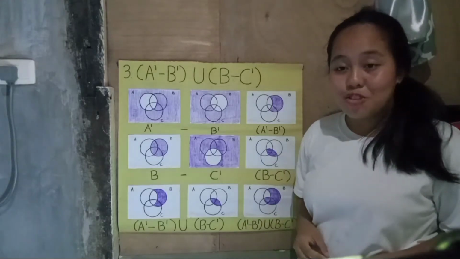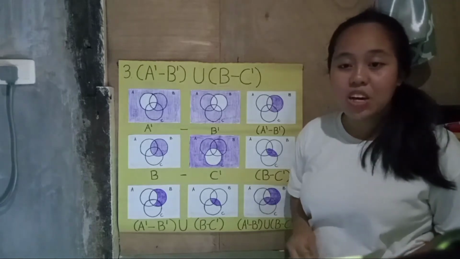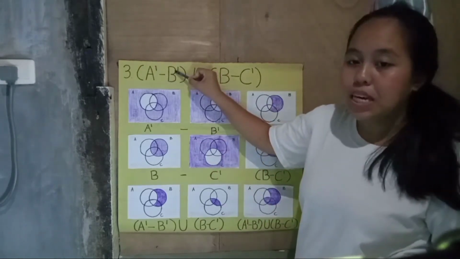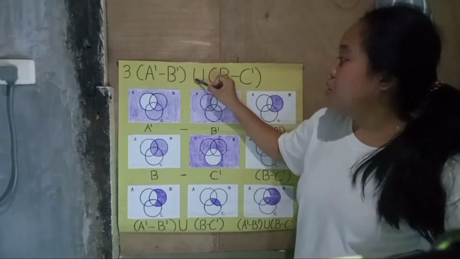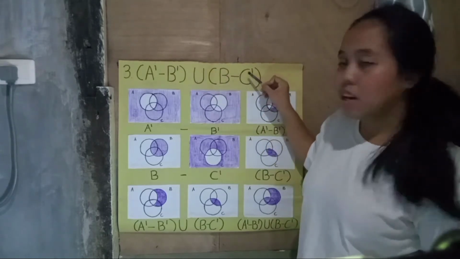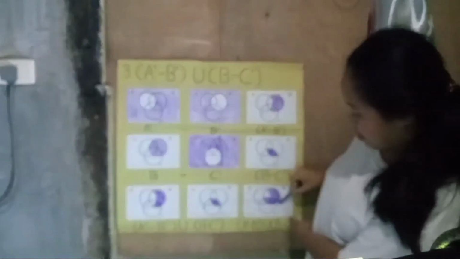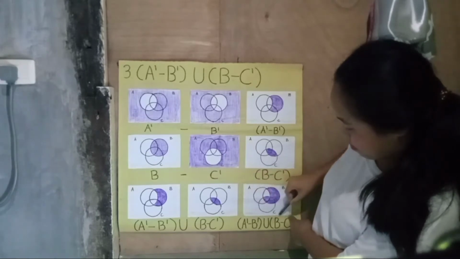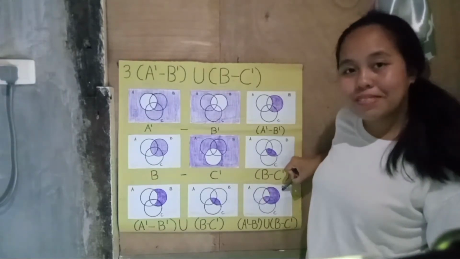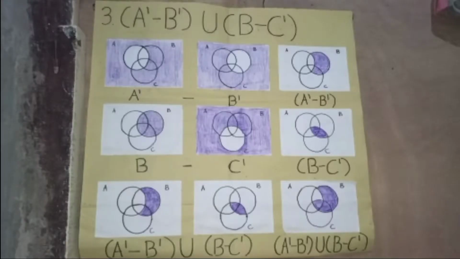This is the illustration of the identity A complement minus B complement union B minus C complement. That's all. Thank you for listening and I hope you learned something.